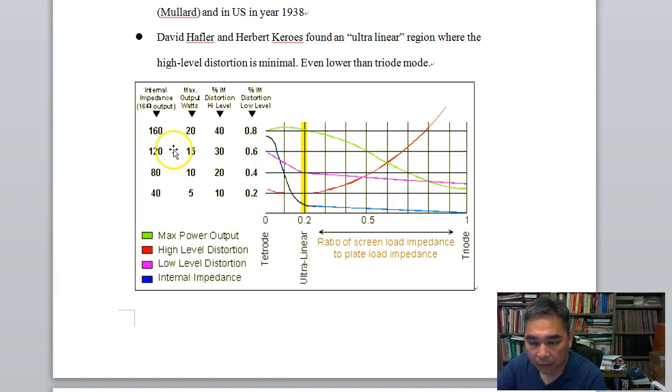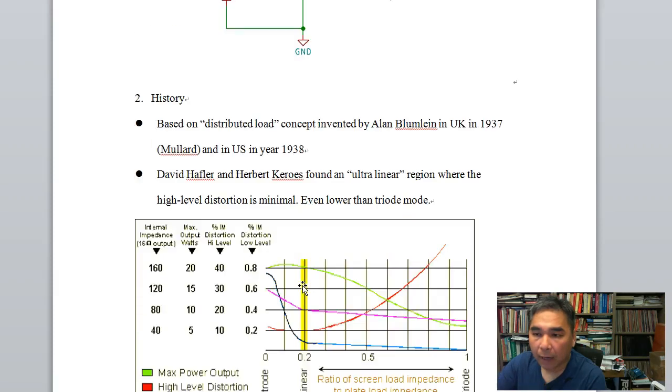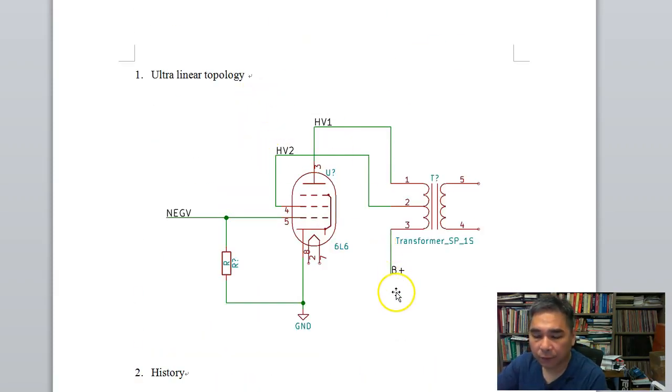It can be illustrated in this figure. So let's come back to this figure again. In the primary winding, if this ultralinear tap is very close to where the high voltage is connected, then the operation will be very close to the pentode connection.